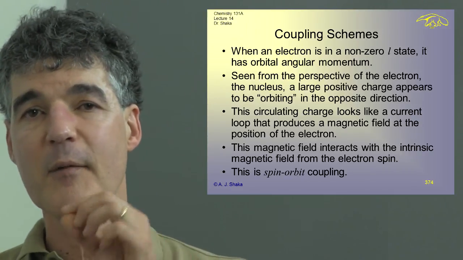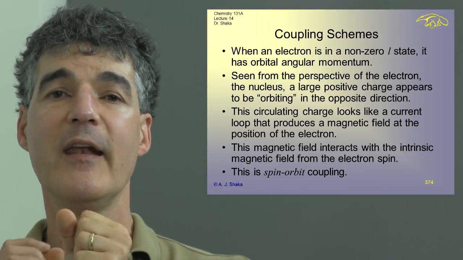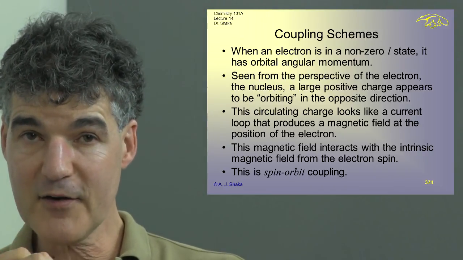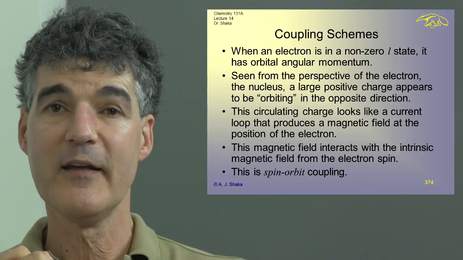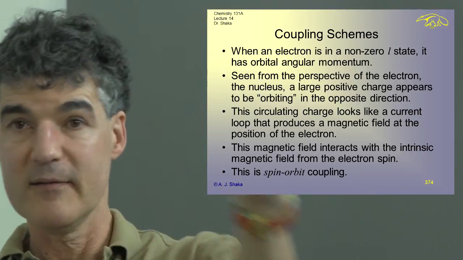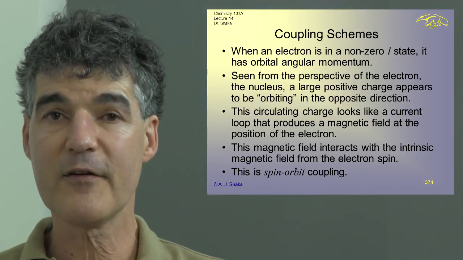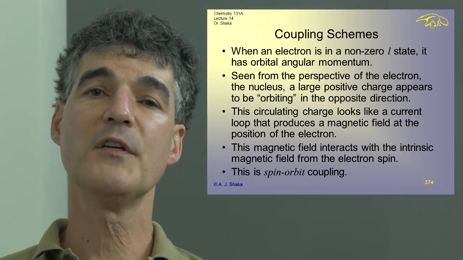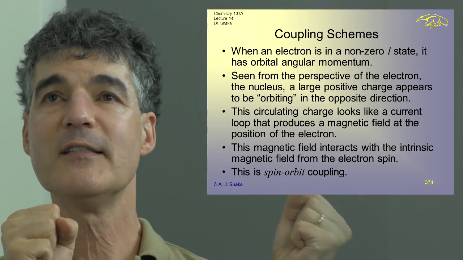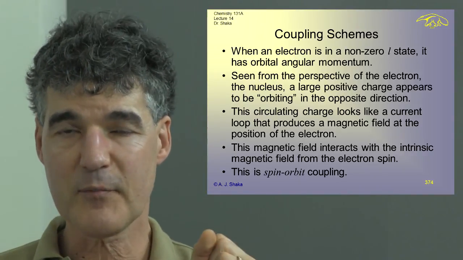If I'm an electron and I'm orbiting around the proton, or the nucleus if it's a bigger atom, and I go on the electron, so I'm on the electron, boy is that a wild ride, what I see is the proton going around me, because I'm the fixed guy and the proton's whizzing around me in the other direction. But the proton has a charge. And so what I see is a charge whizzing around me in some kind of a pattern, like a circle or something.